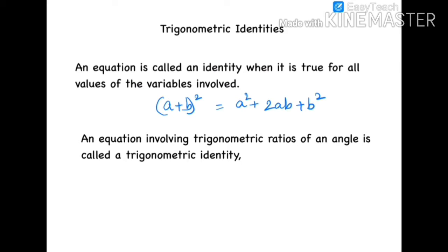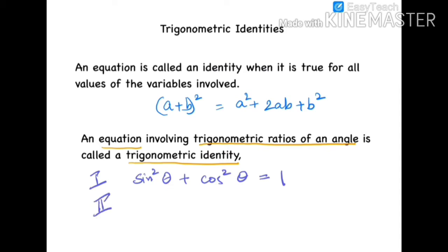Similarly, if we have an equation that is written in trigonometric ratios of an angle, then it will be called a trigonometric identity. In this chapter, we are going to study three identities. The first identity is sin square theta plus cos square theta is equal to 1, where theta is an angle.